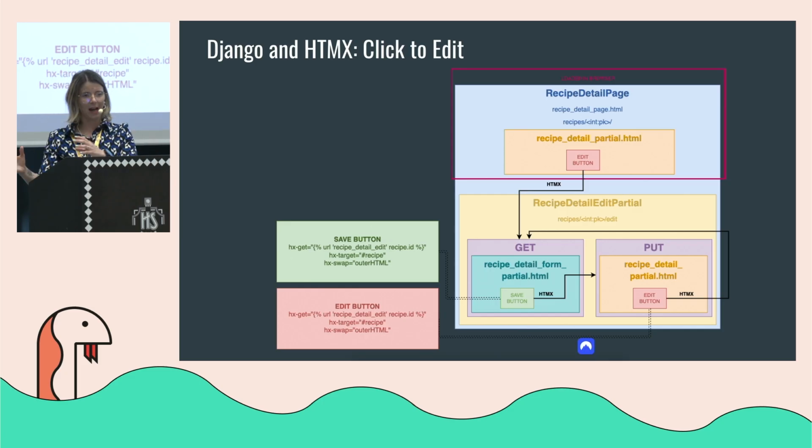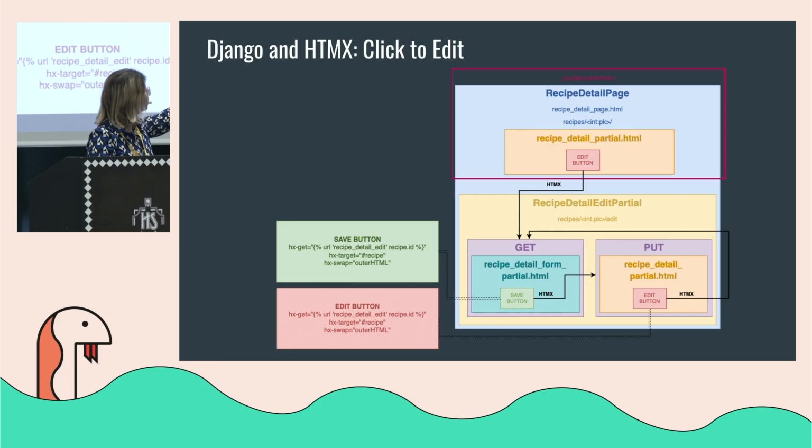You take something out, you include it back directly as an include, as you're used to from Django, and then at some point, some other endpoint will call this template separately. Then once the edit button is clicked, the HTML request is made to the get endpoint. This time the form template is returned.